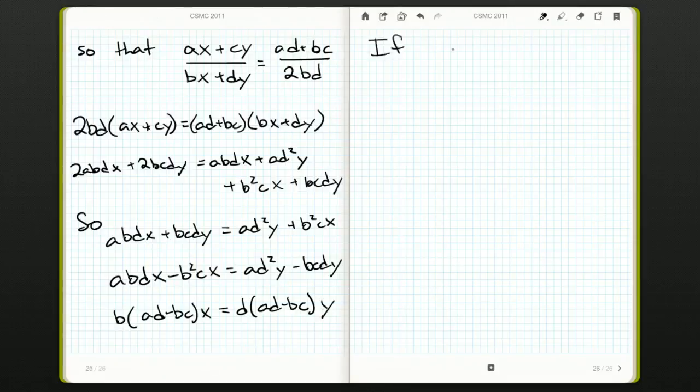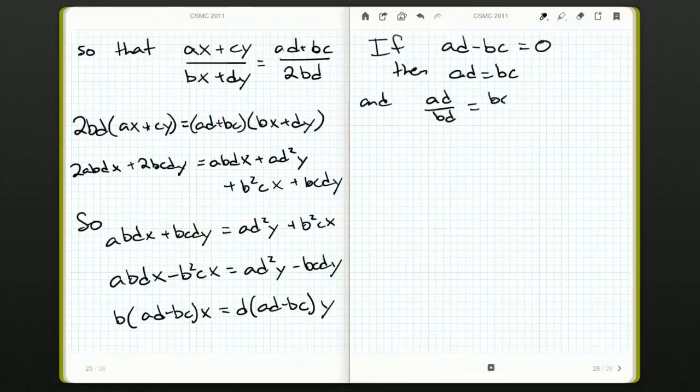Okay, if AD minus BC equals 0, then AD is equal to BC. And AD over BD is equal to BC over BD.